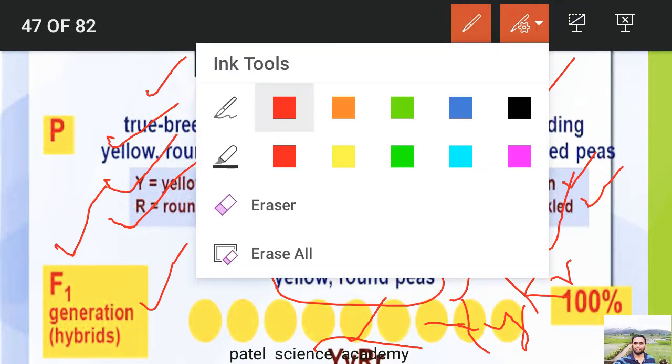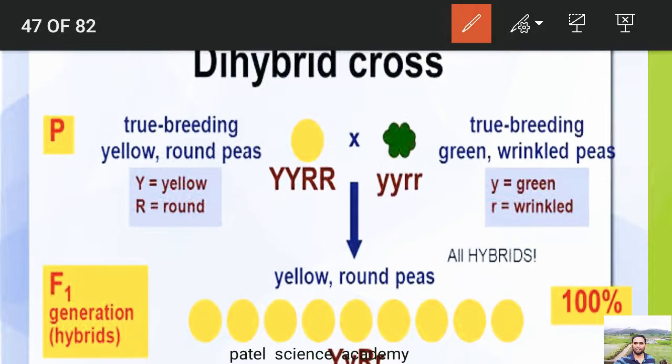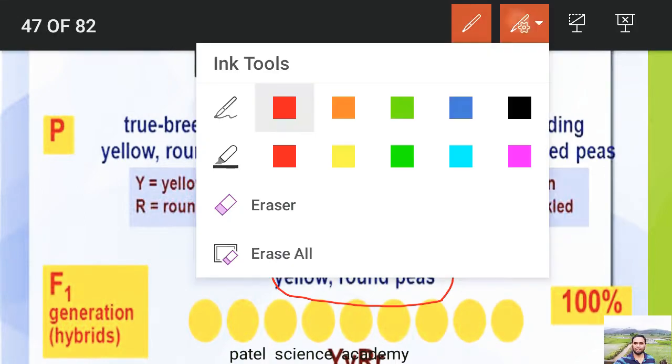So when there is a cross between parents with yellow color and round shape of the seed and parents with green color and wrinkled shape of the seed, in the F1 generation they will produce yellow round, that is capital Y, small y, capital R, small r.